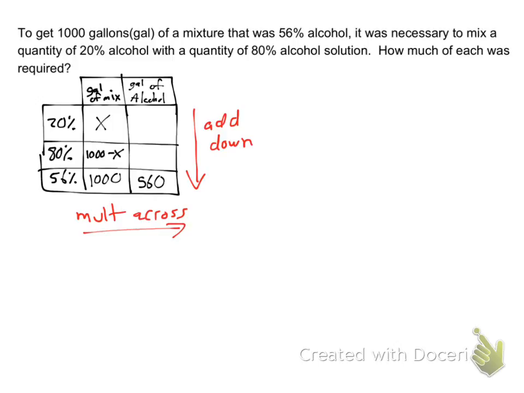If the last row worked, in that I can multiply across, can't the top two rows do the same thing? What is 20% of X? No, it's not 20X. It's 0.2X.